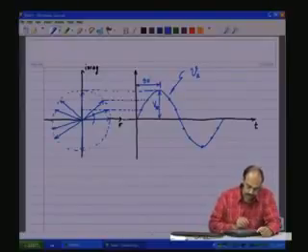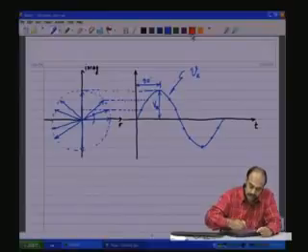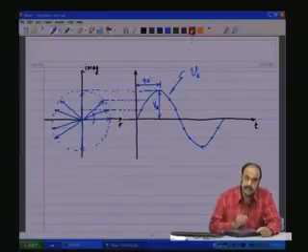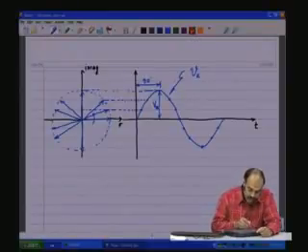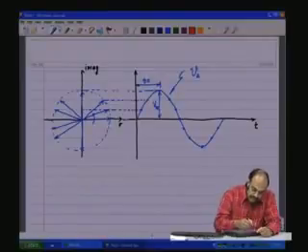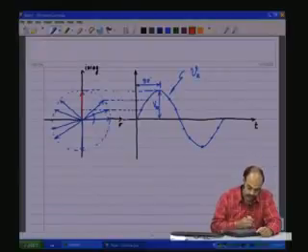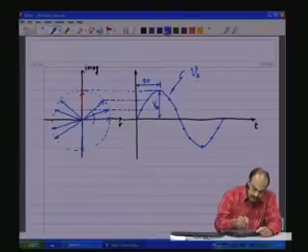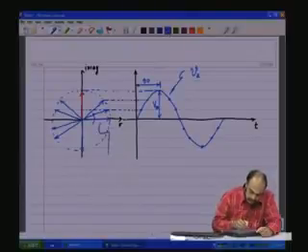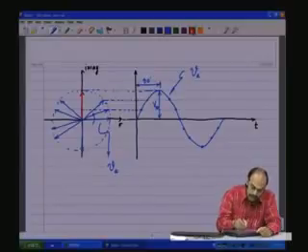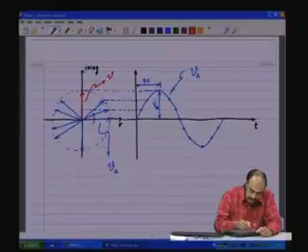Okay. Now, let me consider another space vector simultaneously. When the blue is at this point, I will say that there is a red space vector at this point. The blue was called VA and let us say the red is called VB.